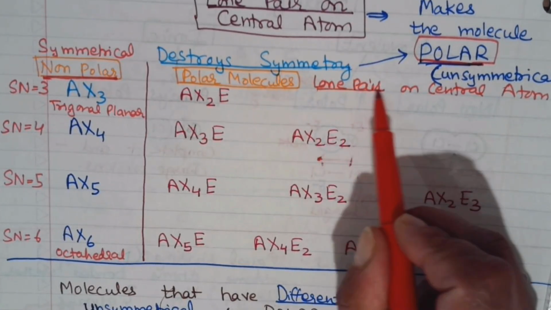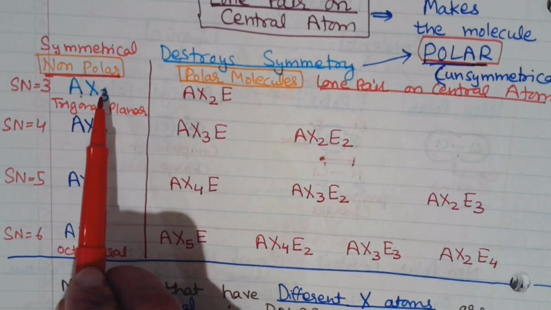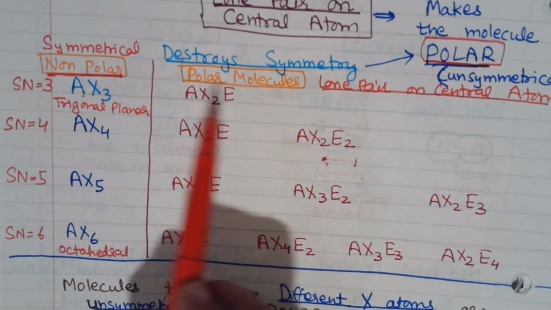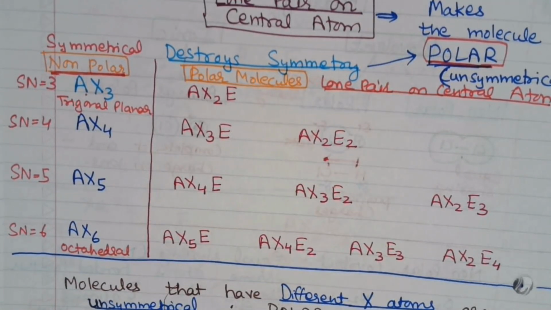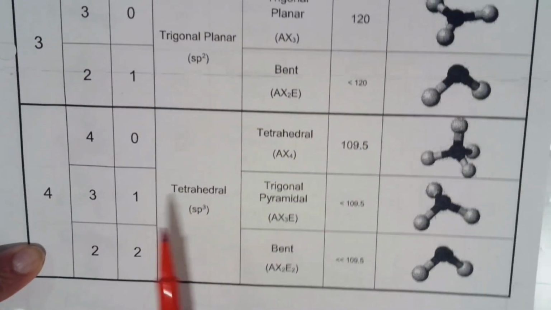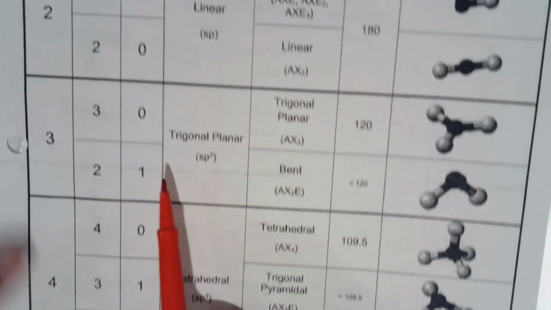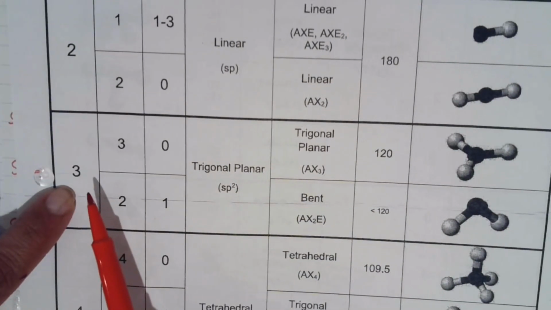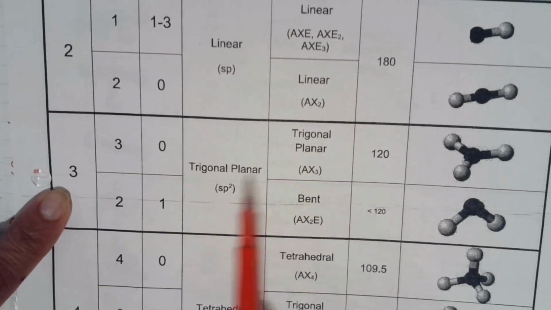So whenever a lone pair is present, now for AX3, we are going to replace one bond pair with a lone pair. So the formula becomes AX2E, right? Steric number 3 is trigonal planar when there is no lone pair, right?